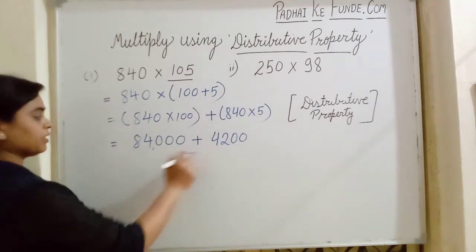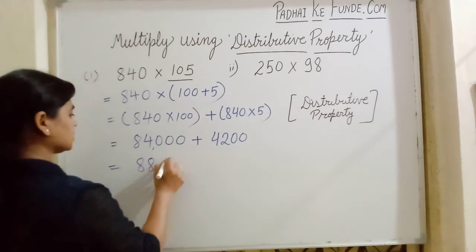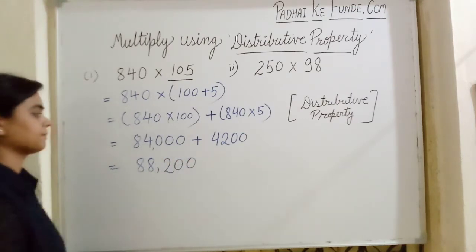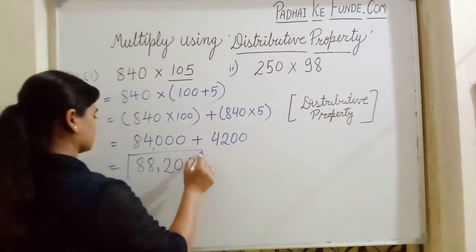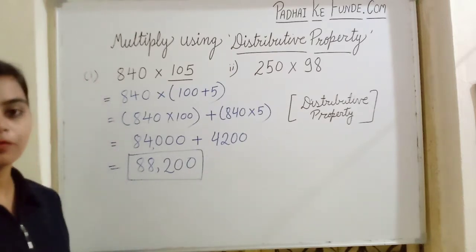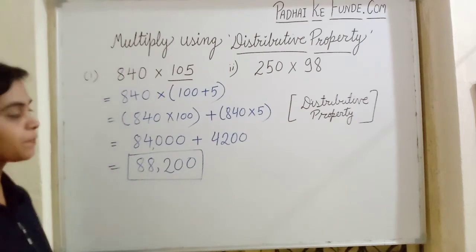And when we add them, we get 88,200. So this is our answer. So we found the product of the given numbers using distributive property.